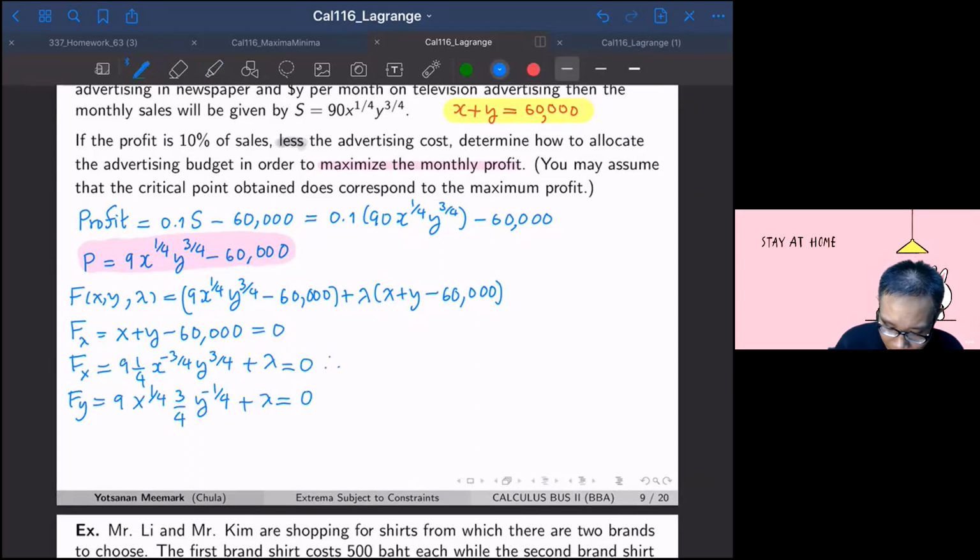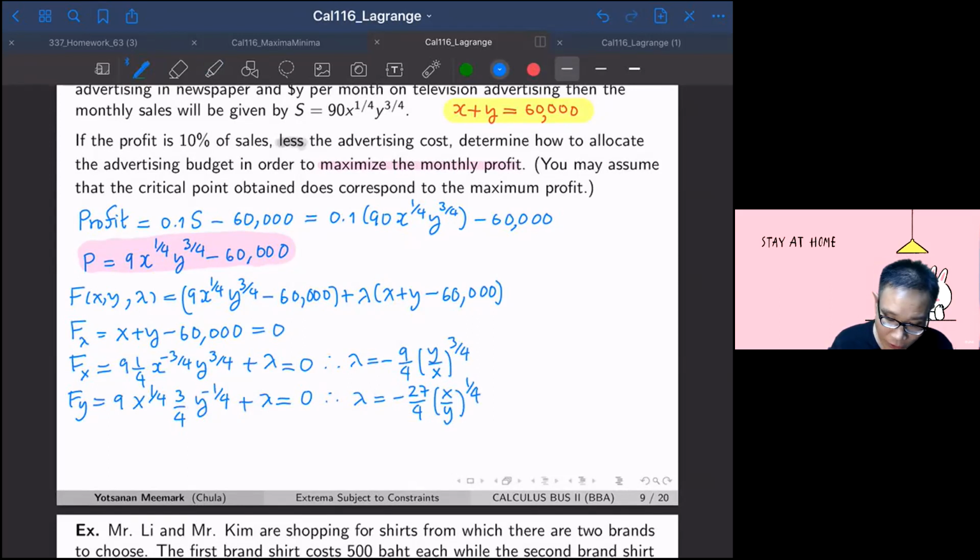So you would get lambda equal to negative 9/4 times y over x to the 3/4, and you have lambda equal to negative 27/4 times x over y to the 1/4.